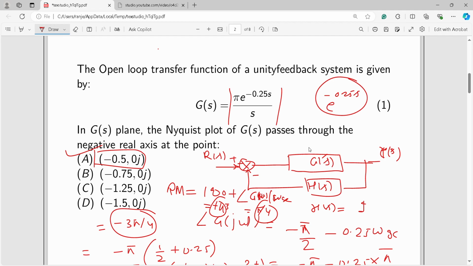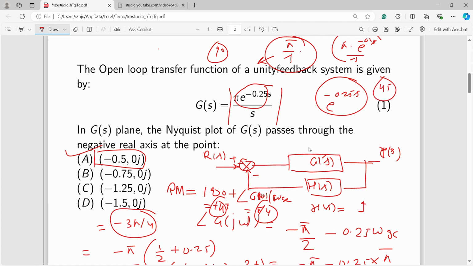Like if the system is pi by s versus pi into e to the power minus 0.25 s by s, the first system is more stable because we get a phase margin of 90 degree, and if you include this term, we get a phase margin of 45. So both systems are stable, but relatively the first system is more stable because its phase margin is more.